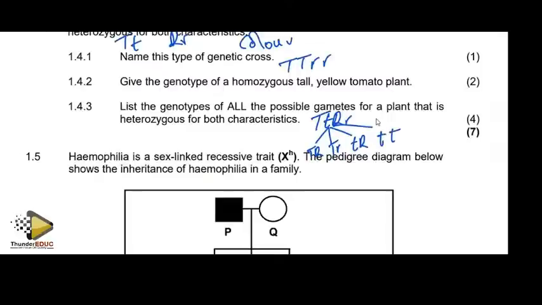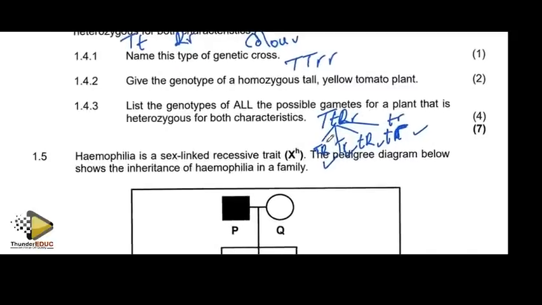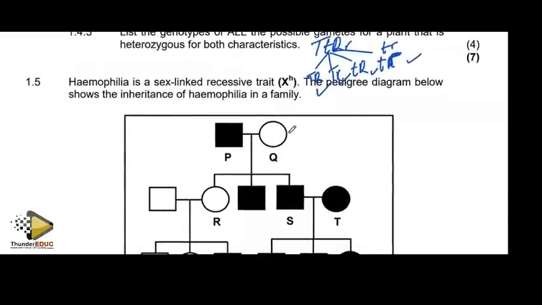That's why there are 4 marks. So this T goes with the capital R, then capital T with the small r, then small t with the capital R, then small t with small r. So basically that is it.